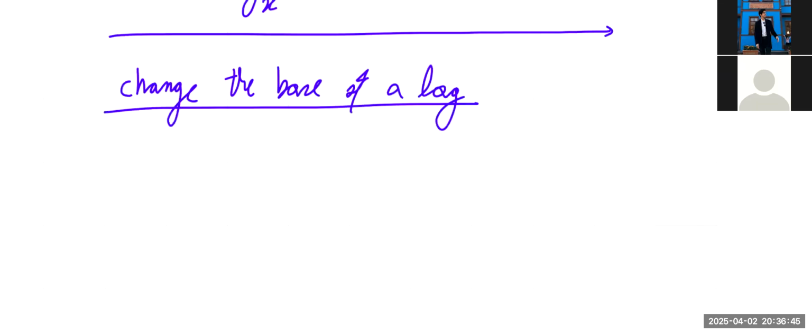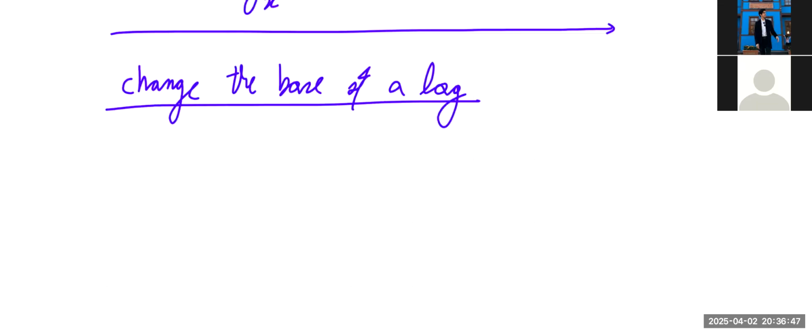So how do you change the base of a log? That's the question. The formula looks pretty complicated, but I think divide them and like change the power, no? Well, change the power means nothing for logs because there is no power. But I think you know what you're talking about. Let me show you. So log of, for example, base a, b, let's say, and you want to change the base to x.